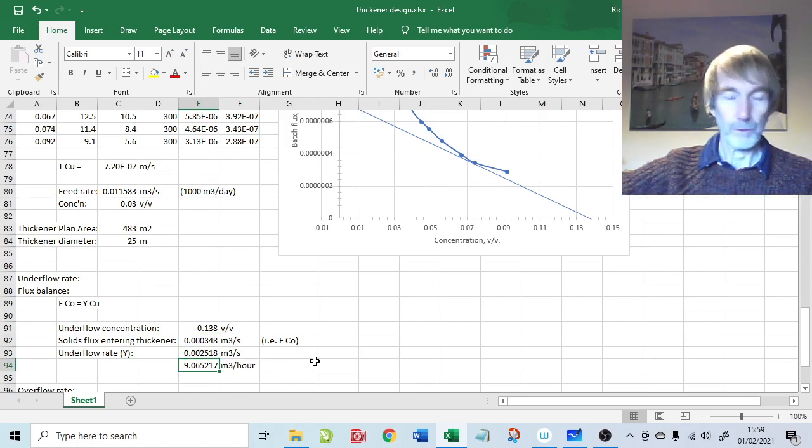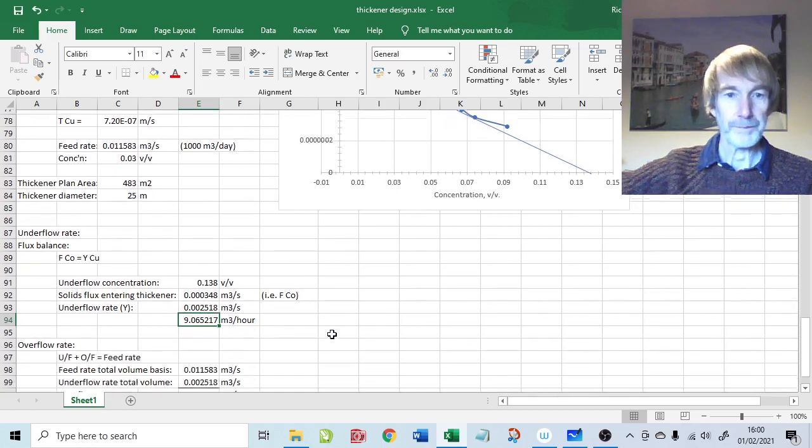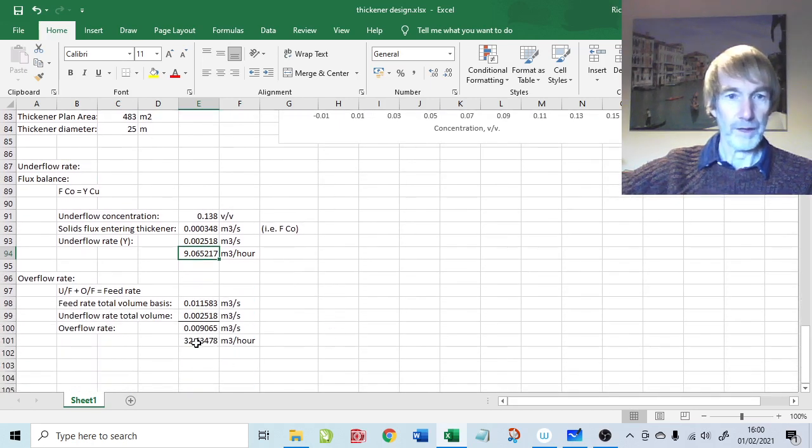So we have just over 41, just under 42 meters cubed per hour going into the thickener, that's the feed, and we have 9.1 meters cubed per hour coming out in the underflow. So the overflow obviously is the difference between whatever we put in, the 42-ish meters cubed per hour going in and the 9.1 meters cubed per hour going out.